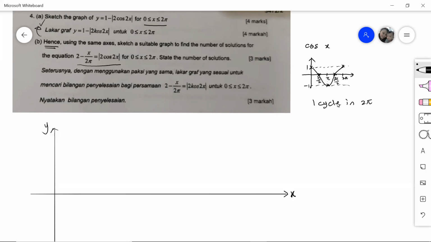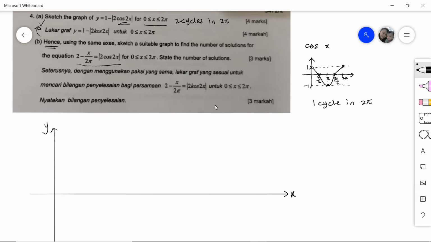So when you see cos 2x, it actually means we have to complete 2 cycles in 2 pi. That means instead of seeing one of this, we shall draw double of this.